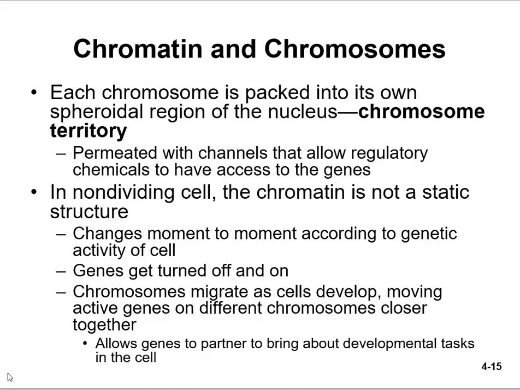It changes from moment to moment, according to the genetic activity of the cell as individual genes are turned on and turned off. Whole chromosomes can migrate to new territories as the cell develops, like, for instance, moving from the edge to the middle of the nucleus as its genes are activated for certain developmental tasks. That allows genes on different chromosomes to partner with each other in bringing about developmental changes in the cell.